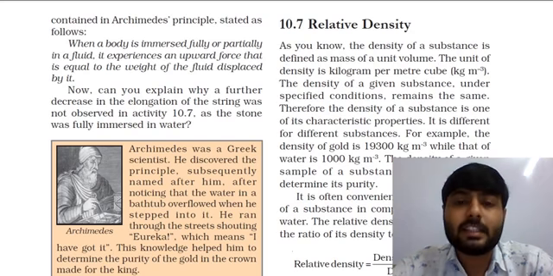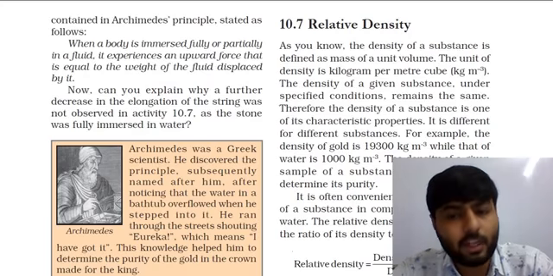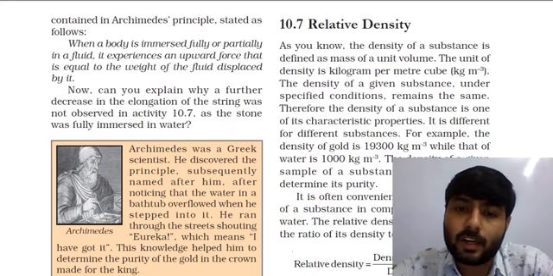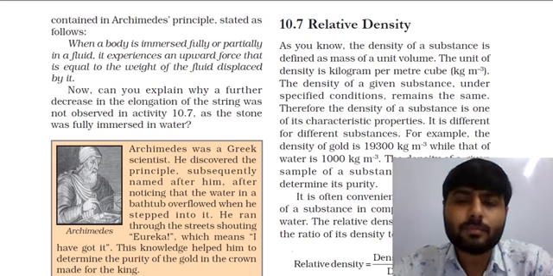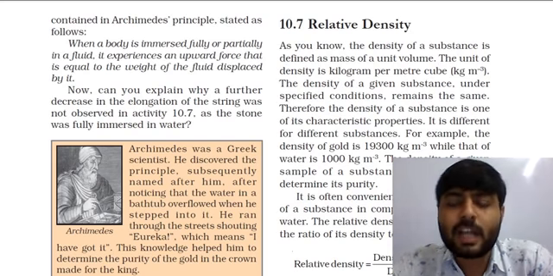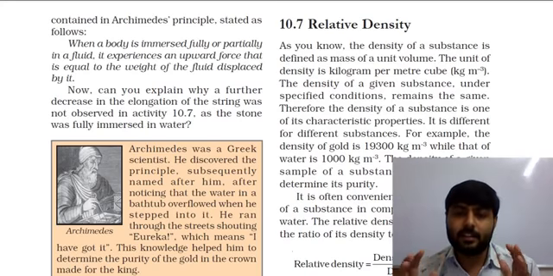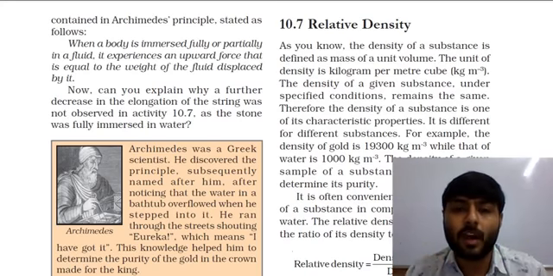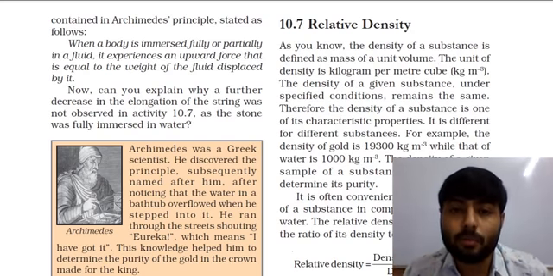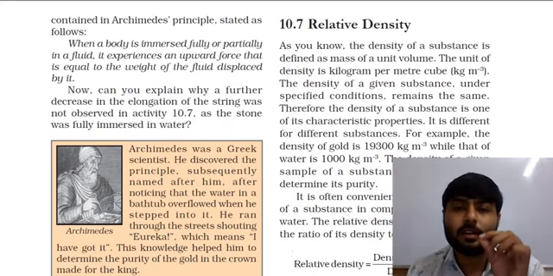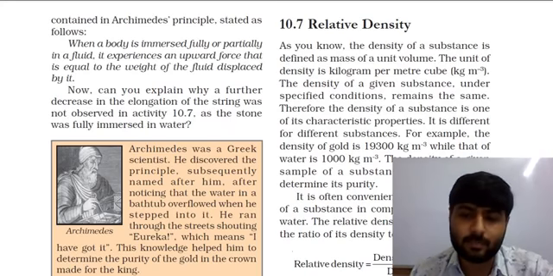For example, the density of gold is 19,300 kg per meter cube, while the density of water is 1000 kg per meter cube. What is the physical meaning of 1000 kg per meter cube? It means if I take 1 meter cube volume of water, it will have a mass of 1000 kg.